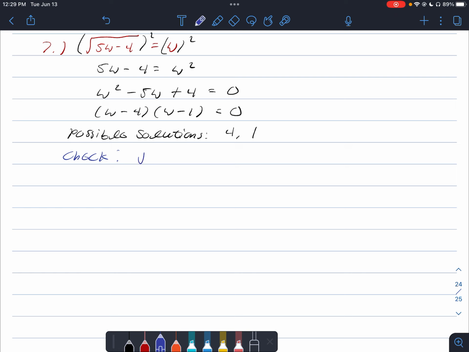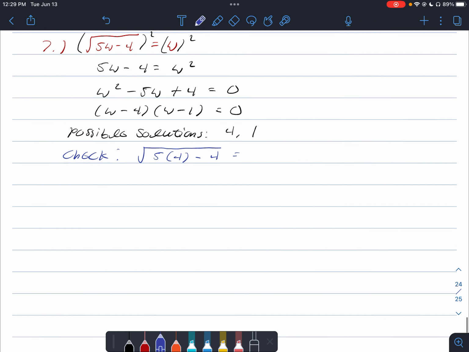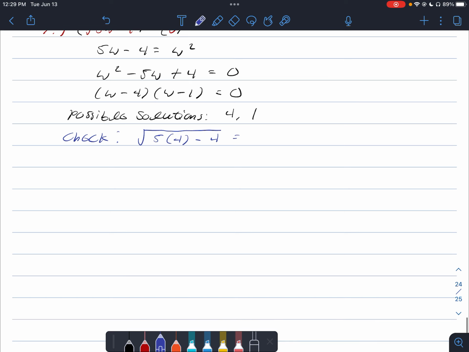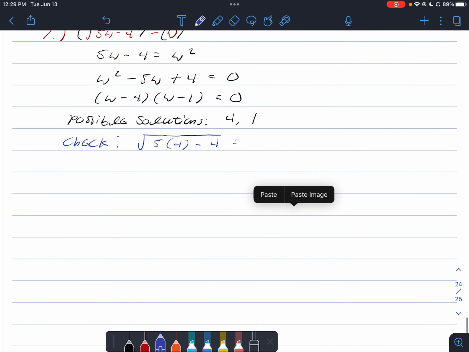We have the square root of 5 times 4 minus 4 should be equal to 4 if everything makes sense. Okay? So we'll have the square root of 20 minus 4 is equal to the square root of 16, which is just 4.